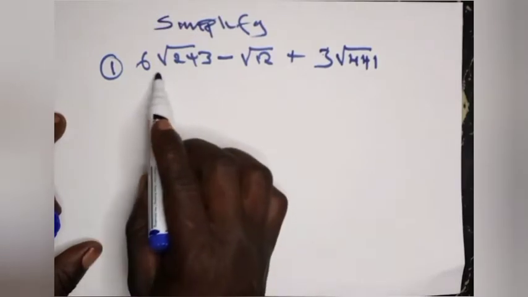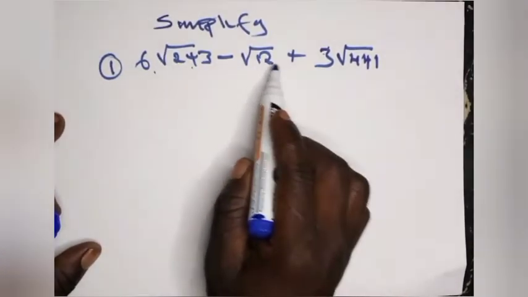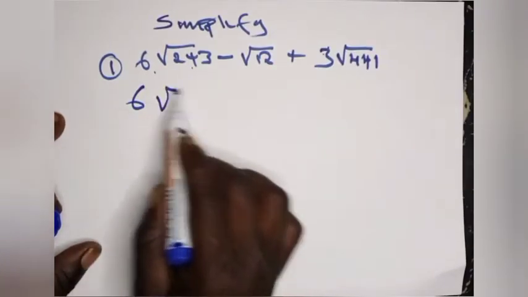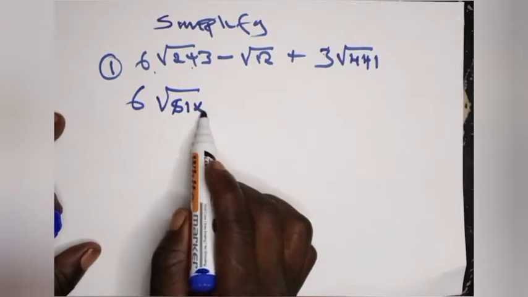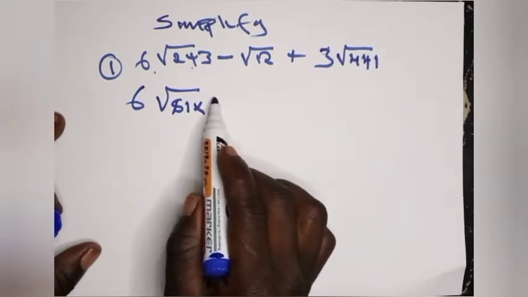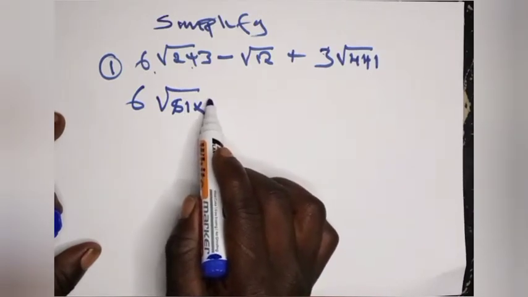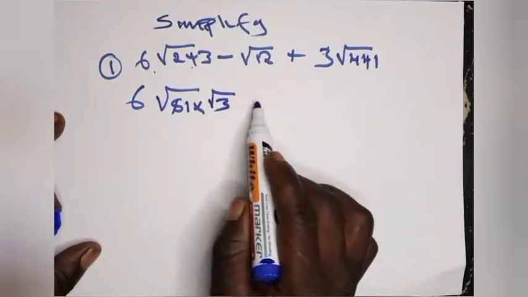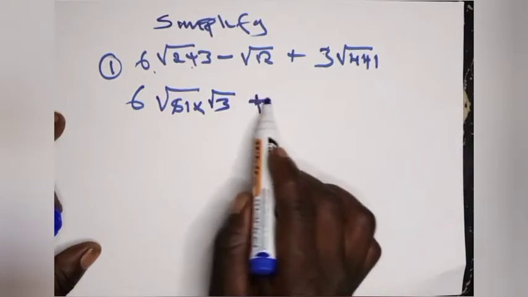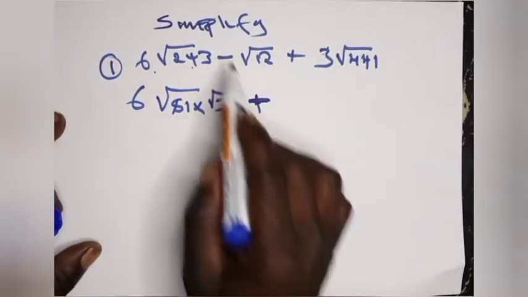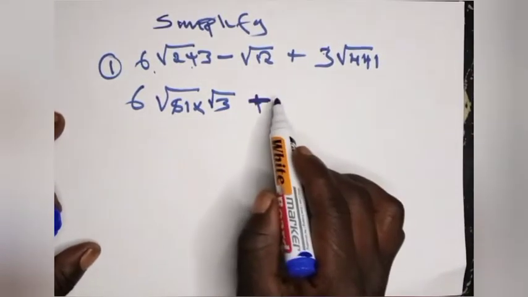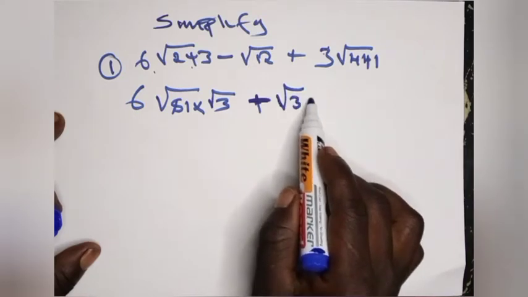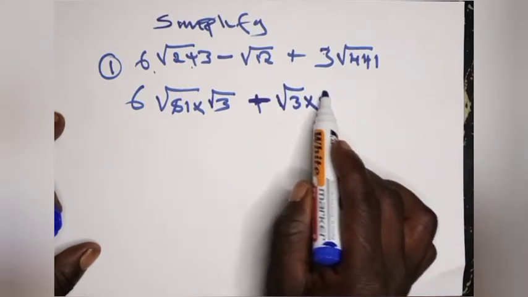Let's look for numbers which can go into 243, 12 and 441. The number which can go into 243 is 3. 3 into 243 gives 81, so we can write root 81 times root 3, because 81 times 3 is 243. And for 12 it will be root 3 times root 4.